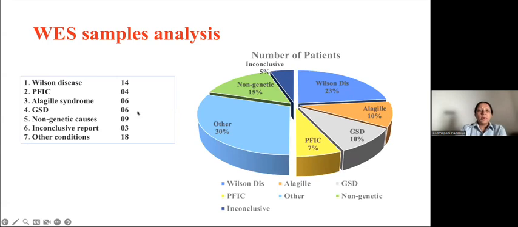Of those, there were about 14 Wilsons, 4 PFICs, 6 Alagille syndrome, 6 glycogen storage disorders, and about 18 other patients with 1 each of other genetic causes, like Niemann-Pick, Dubin-Johnson, galactosemia, congenital disorder of glycosylation, Joubert syndrome, and Coffin-Siris. There were also inconclusive reports and non-genetic causes, including 9 patients.